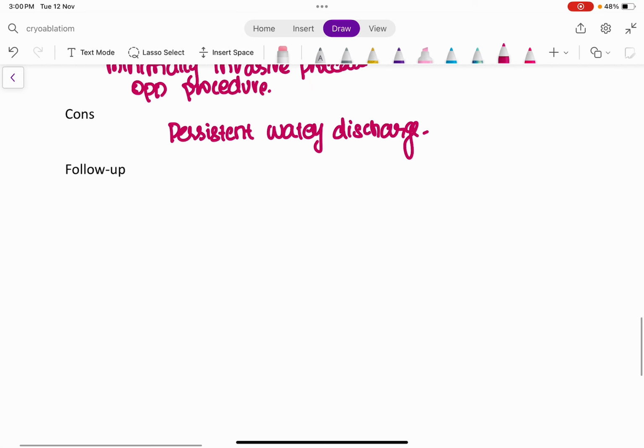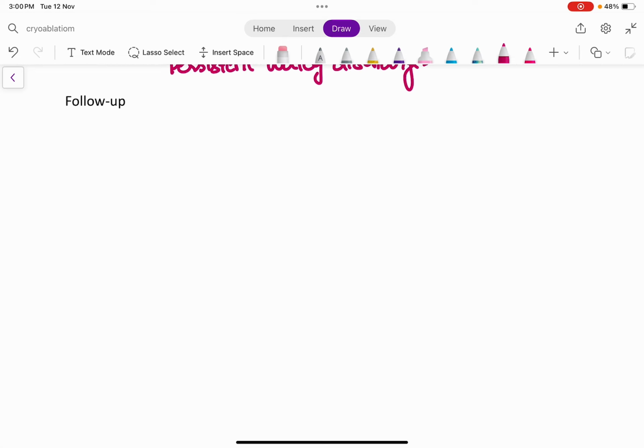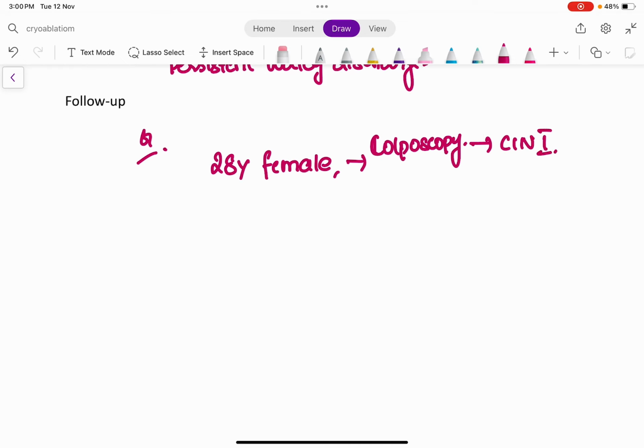So how are you going to follow up this patient? Let's say, for example, a patient came to me, right? Let's say a 28-year-old female came to me with particular symptoms.